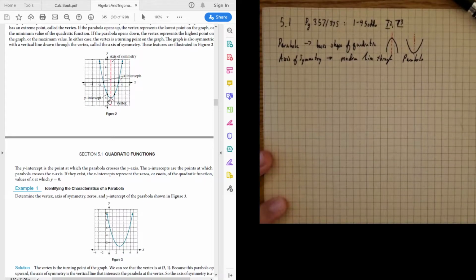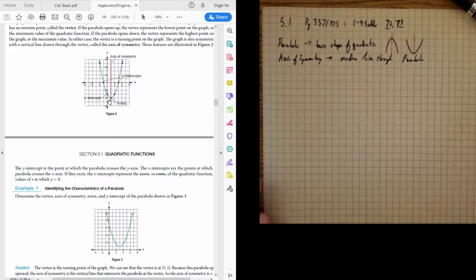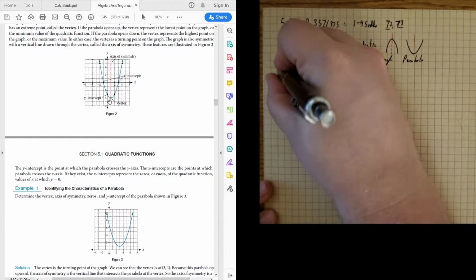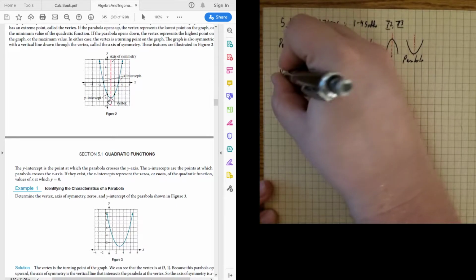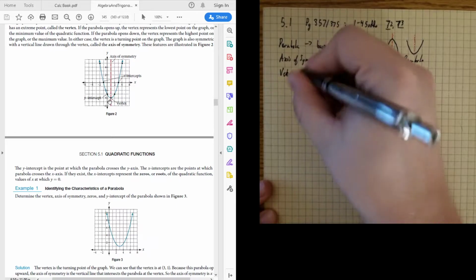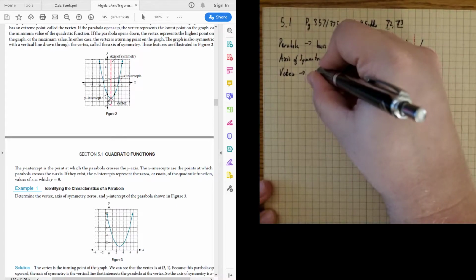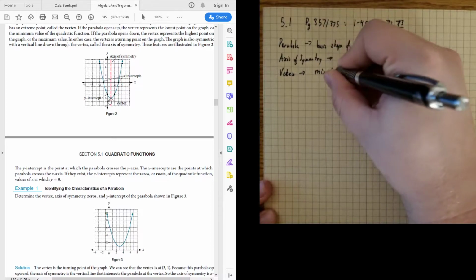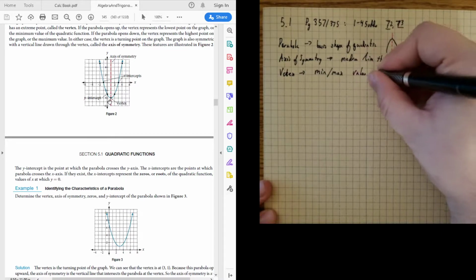All right, finally, we have the vertex. The vertex is by definition, vertex, V-E-R-T-E-X. Someday I'll learn how to spell. The vertex is the minimum or maximum value of the parabola.